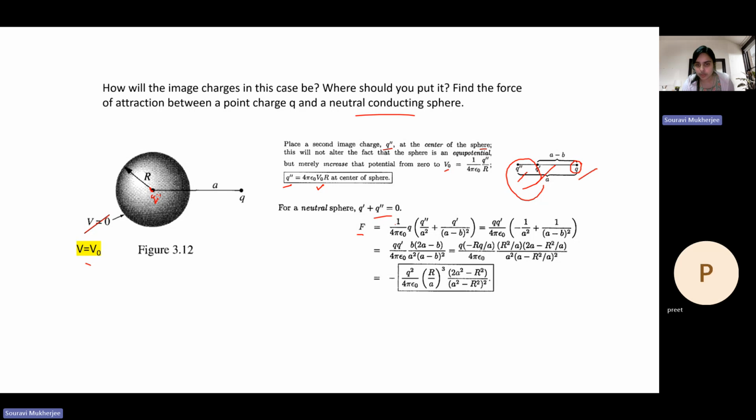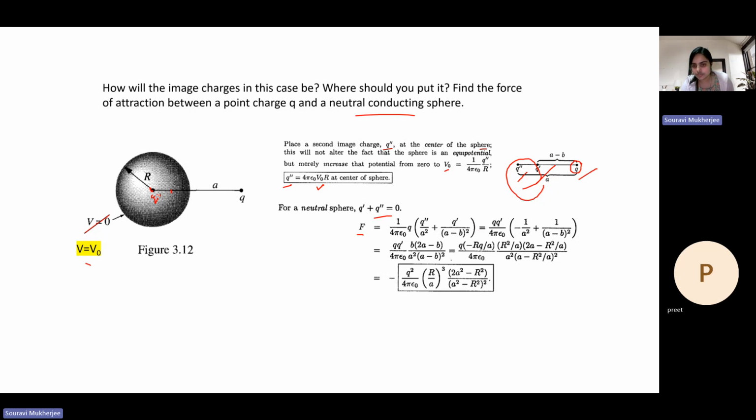So the force is just given as 1 by 4 pi epsilon 0 Q double prime by A square. And then you have a Q prime somewhere here, which is at a distance of A minus B. So you have another force term, 1 by 4 pi epsilon 0 Q prime by A minus B whole square. So this is just finding forces for point charges, which is much simpler.